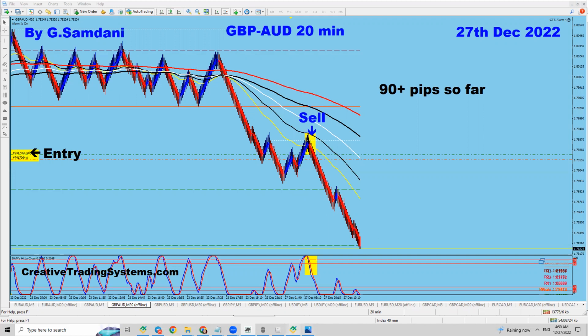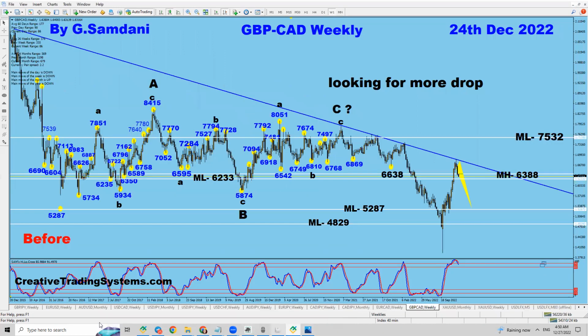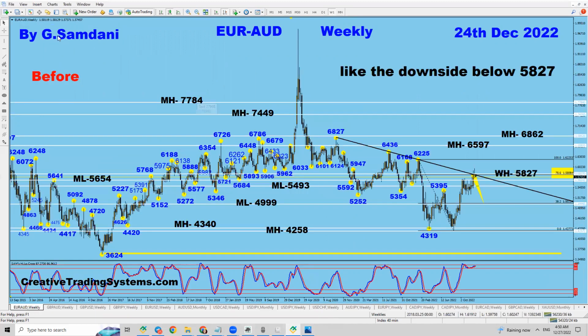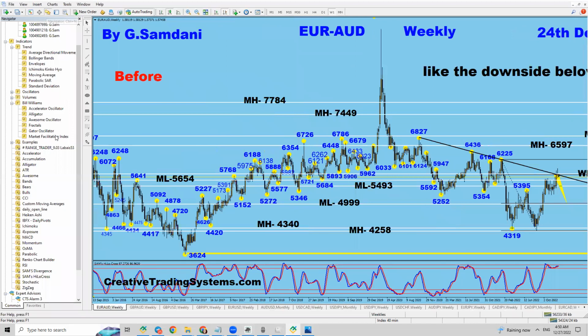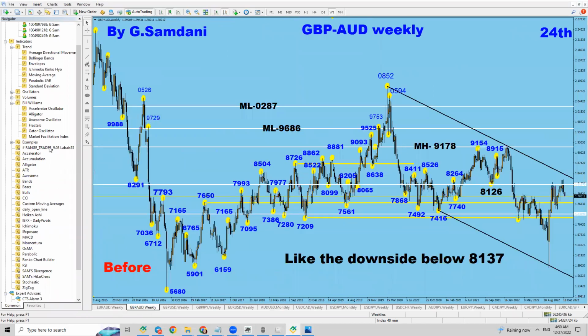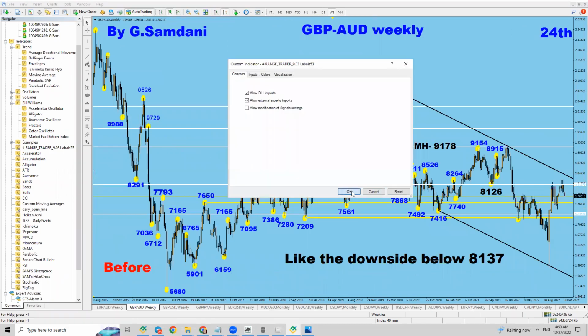Let's take a look at the daily range of this pair and how far I can take it to the downside, or maybe I'll simply close it right now and then wait for another entry. So Pound Aussie, right? What do we have here?